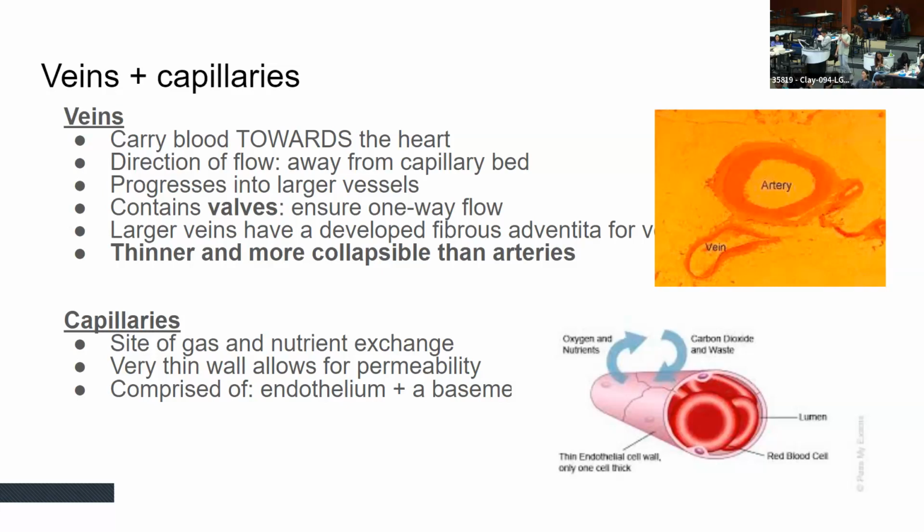So the flow is a little bit weaker, and they contain these valves which ensure one-way flow. And they are thinner and more collapsible than arteries. For example, in the picture on the top right hand side, you can see that the artery has maintained its circular shape, and it has a much thicker outside border compared to the vein, which looks kind of like a teardrop, and it's a lot thinner.